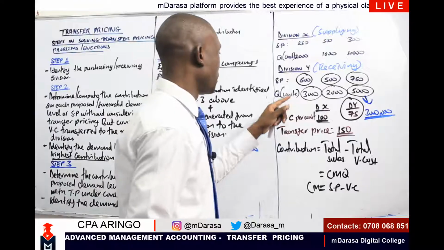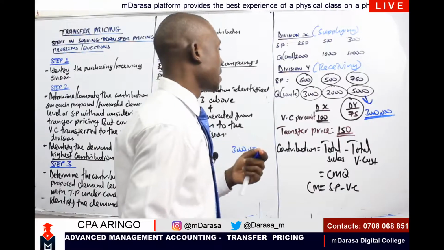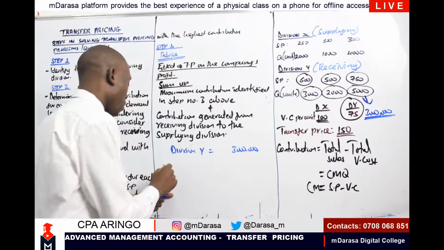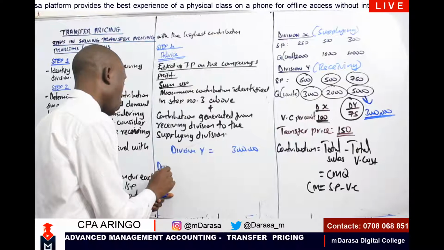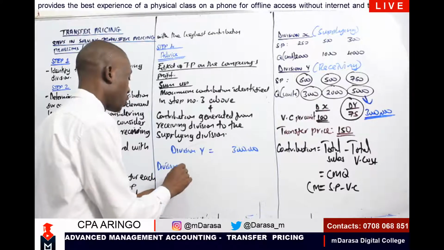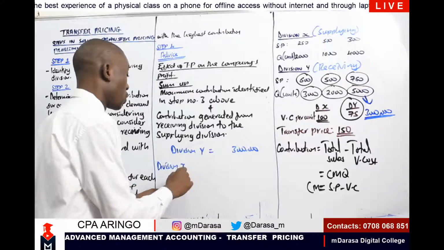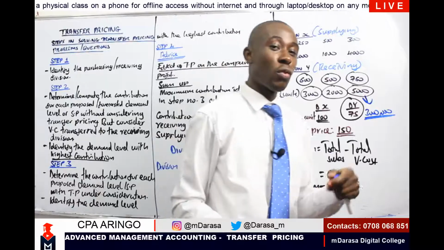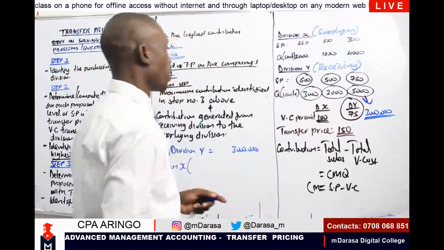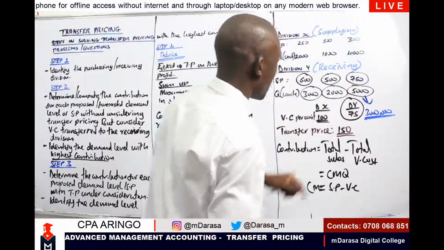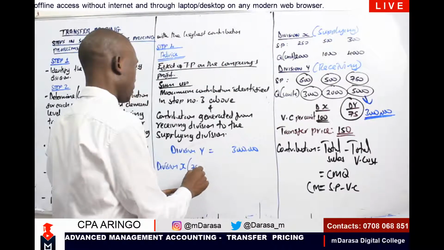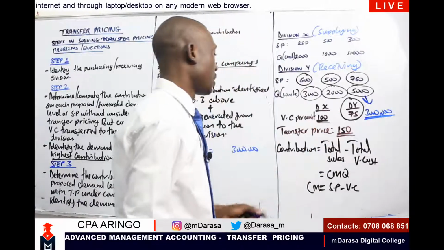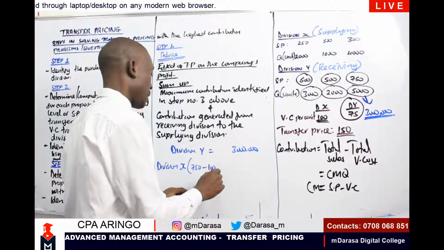Still, you'll find that division Y has generated a certain contribution to the receiving division. So this is the contribution generated to division X, of course, from Y. My selling price here is 750, correct? We less the variable cost that division X incurred to produce that product, 100.